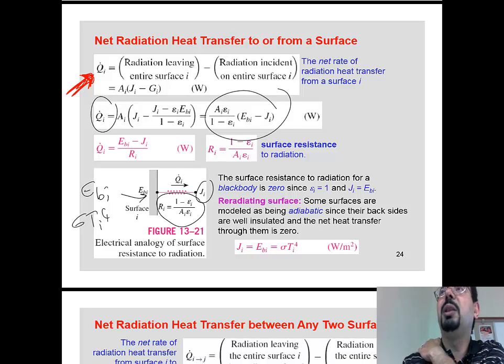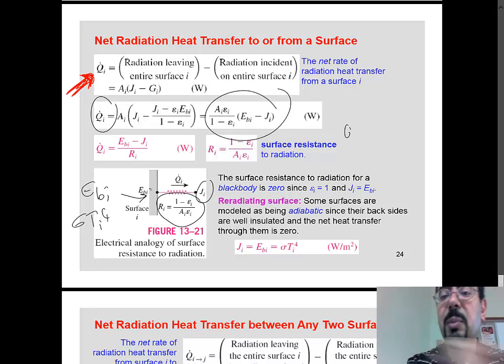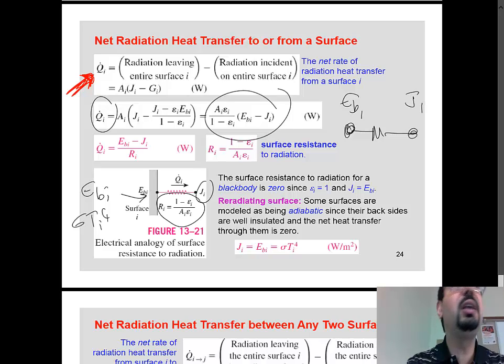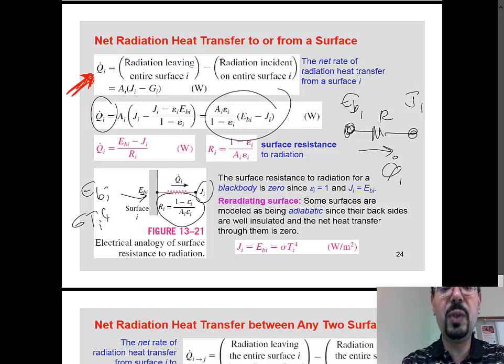The point is we created the concept that in radiation, the surface sits at E black radiation and sends its J1, and the Q that it sends is EB1 minus J1 divided by the resistance of the surface, where the resistance of the surface is 1 minus epsilon i over Ai epsilon i.